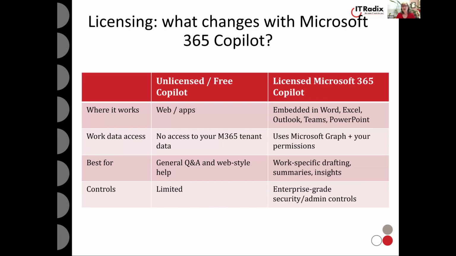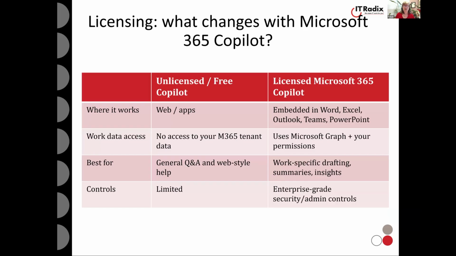So I want to talk just a tiny bit about licensing. If you have a free license, many of you may have noticed that if you're in Edge, maybe even in some of the applications, you'll see a little icon that looks like the Copilot icon. There is a free version and there's a licensed version, and it's important because it does control what Copilot itself has access to.